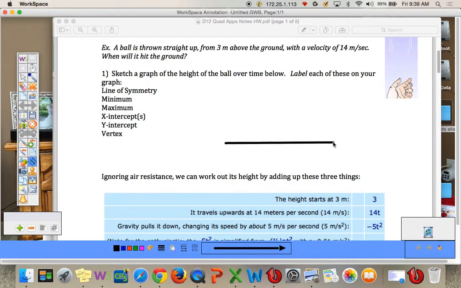Okay, so again, here's our graph, and our ball will start 3 meters above the ground, and it will go up, and then it will come down. And we have certain spots here that we need to label. So again, this is the height over time.